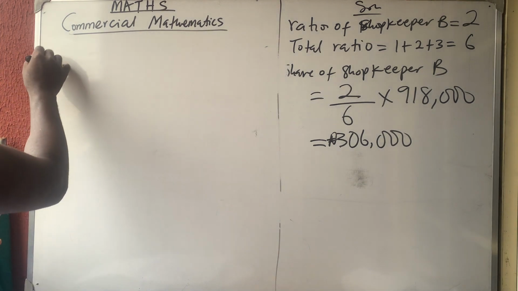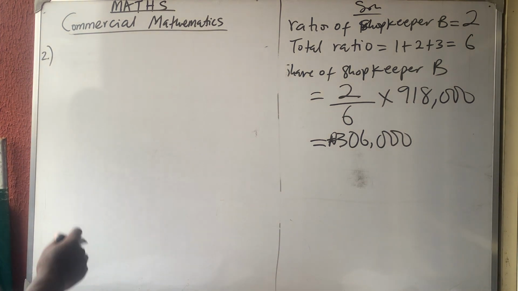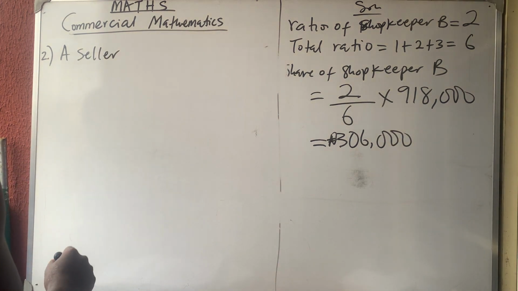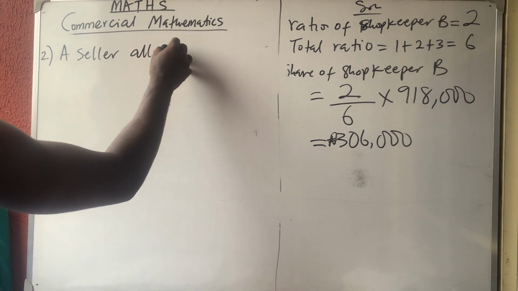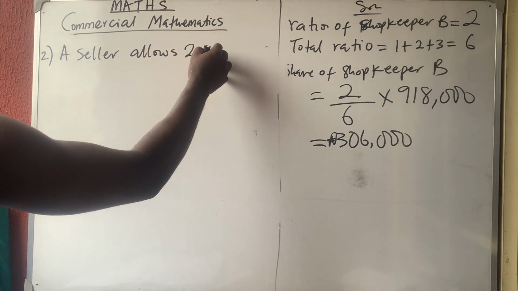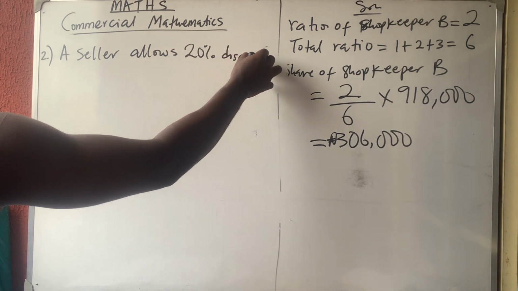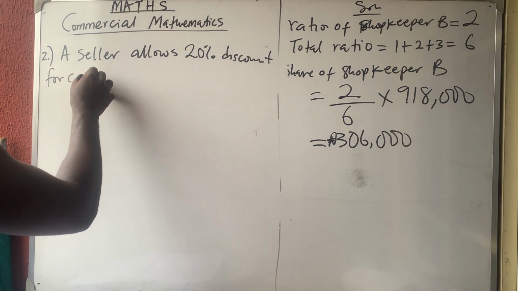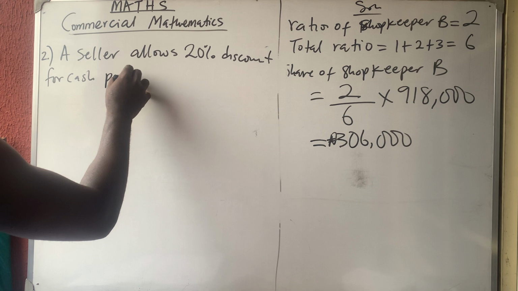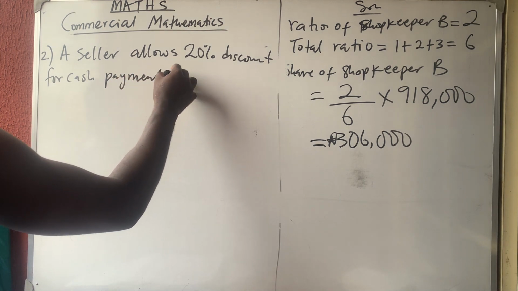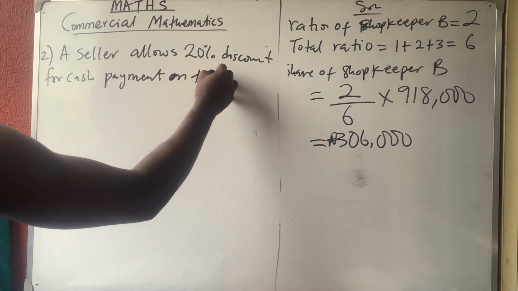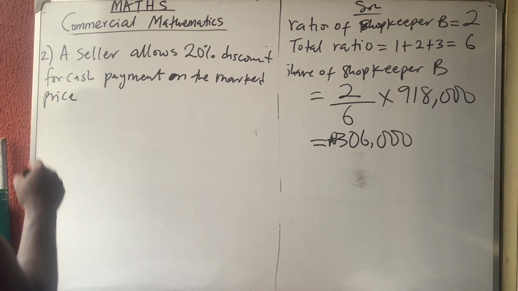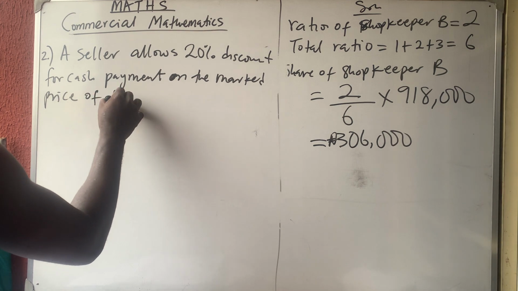So question number 2 said: a seller allows 20% discount for cash payment on the marked price of his goods.